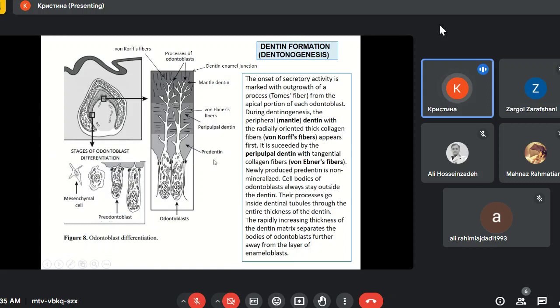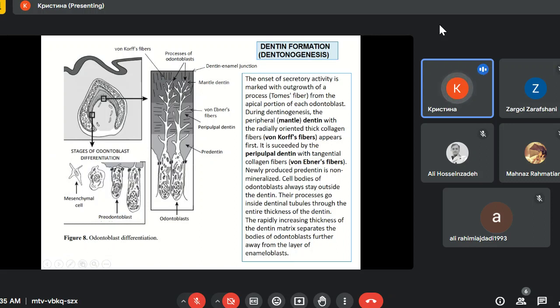So, while dentin is produced, first is produced the part of the dentin which is located most closely to the enamel layer. So here this line represents the dentin-enamel junction. So everything which is above, which is here, will be enamel. So here we have the border between the dentin and enamel, and this area, which is called mantle dentin, is the part of the dentin which is produced first.